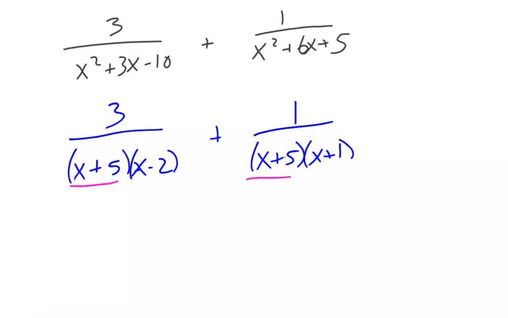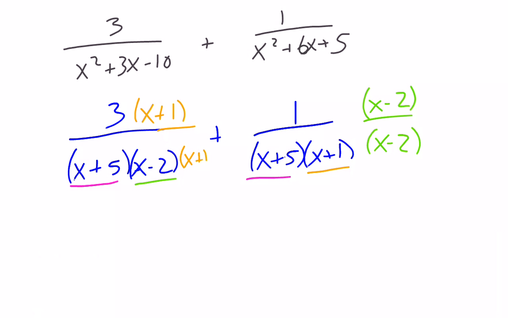X plus 5, we're good. X minus 2, my right one does not have x minus 2, so I need to multiply by that at least. And then x plus 1, well my first one doesn't have an x plus 1, so I need to multiply by x plus 1 over x plus 1.